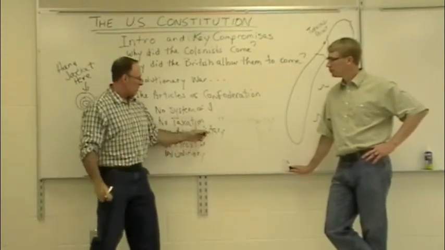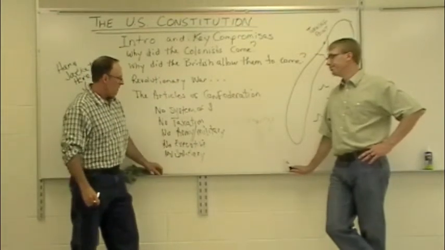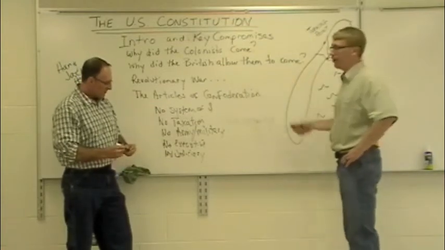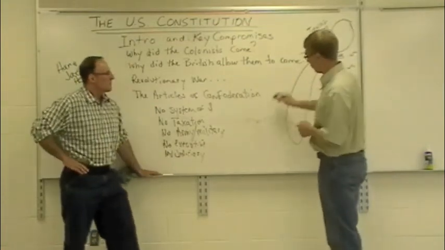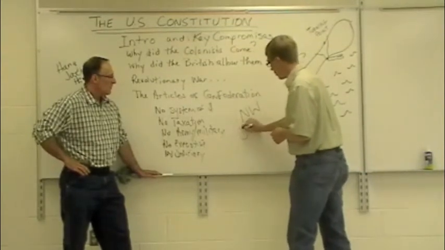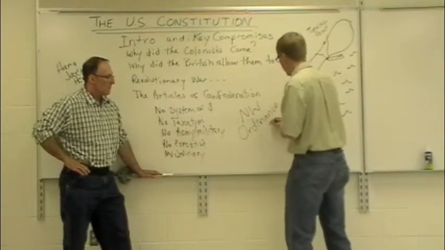It is noteworthy, though, to make sure that we mention that there is one major positive from the Articles of Confederation. And that deals with the land west of the colonies. The Northwest Ordinance, let's see, we'll write it over here. The Northwest Ordinance is the one success of the Articles of Confederation.